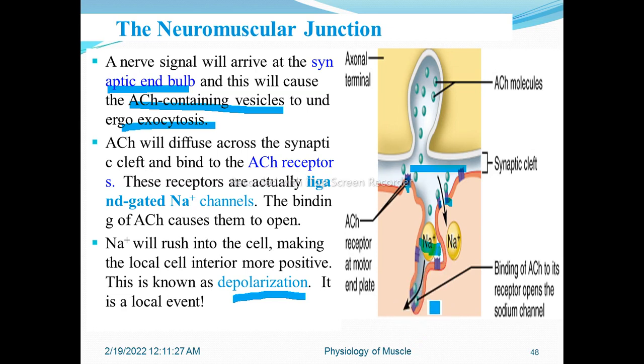If sodium enters the cell, the inside of the cell becomes more positive. This process is known as depolarization. But if the inner cell becomes negative again, it is repolarization.